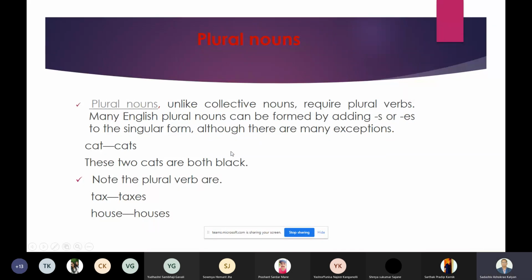Like the words cat, cats. These two cats are both black. And again here the plural forms are tax, taxes, house, houses, which are plural nouns.